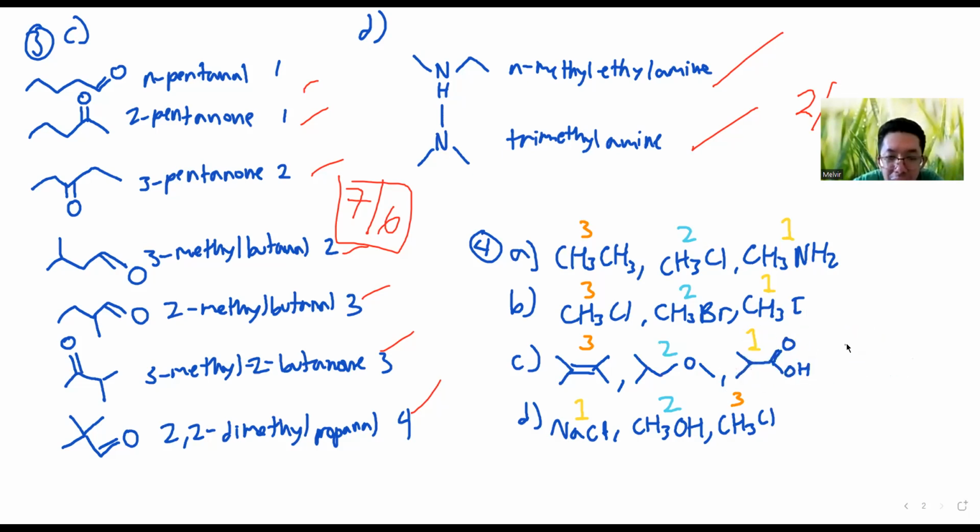Okay? One yung being the strongest IMFA. Sa number 5, Joshua, just draw the structure and then provide a brief explanation why that structure will have a higher boiling point compared to your other structure.